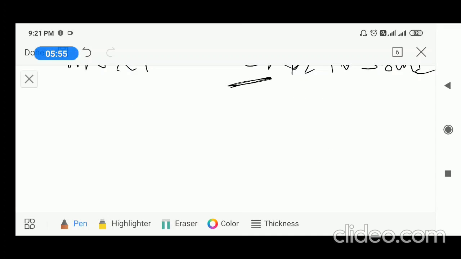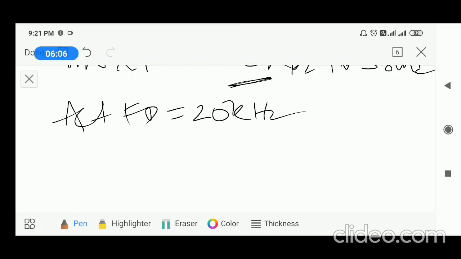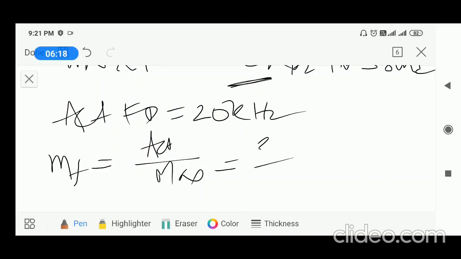Then the provided actual frequency deviation is 20 kHz. What is the modulation index? mf is equal to actual by maximum. What is actual? 20.